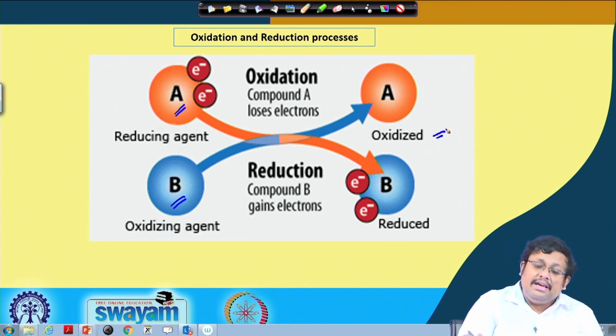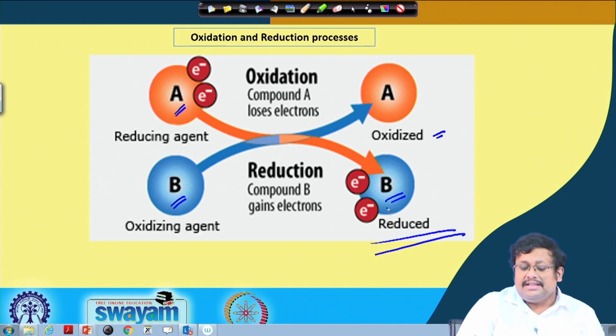In the other way, these oxidizing agents, which have fewer electrons, will accept these electrons to be reduced and converted into the reduced form. That is B. Reduction is denoted by this blue line, which is component B, where it is gaining electrons.